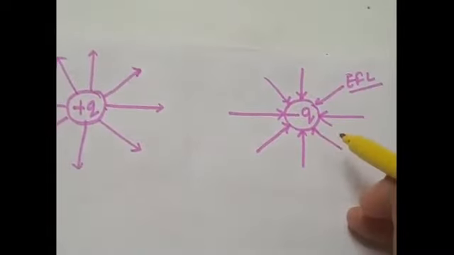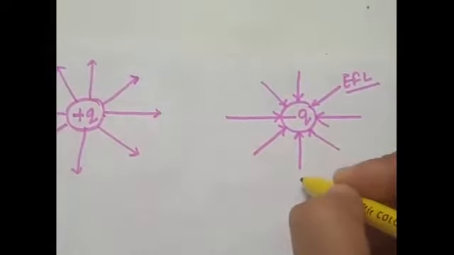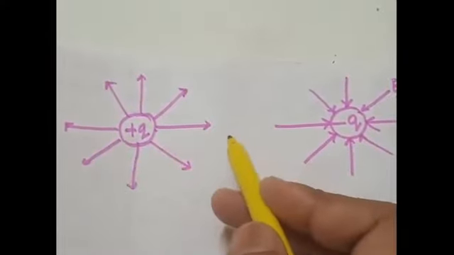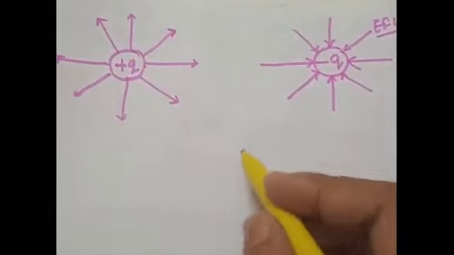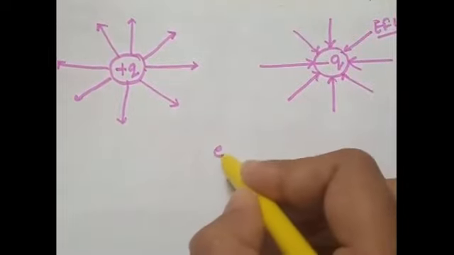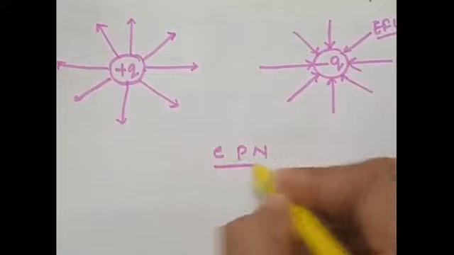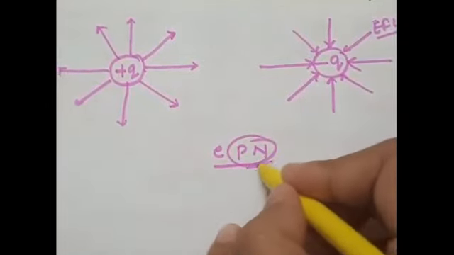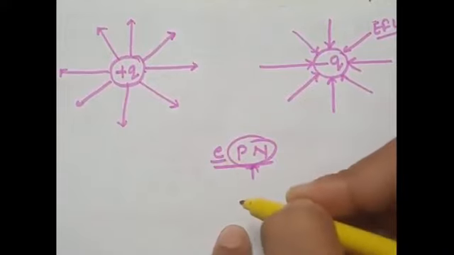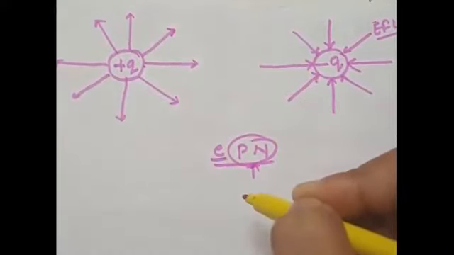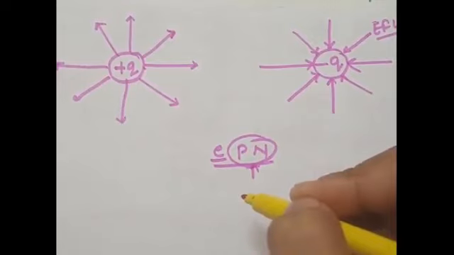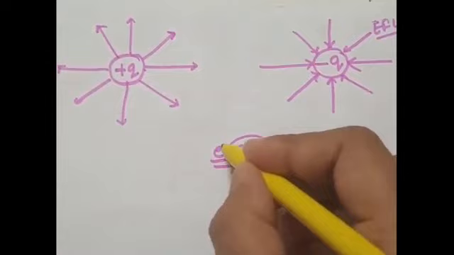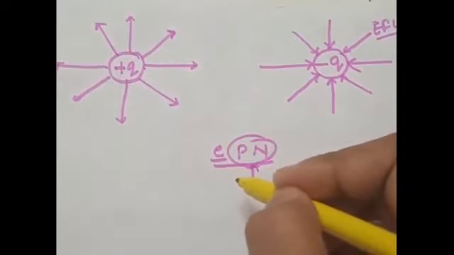Now why I'm saying negative: in case of negative charge they are entering, in case of positive charge they are going out. The basic reason is that in a material we have electrons, protons and neutrons, but as the protons and neutrons are bound to the nucleus and only the electron is free, when an object is charged, it will have electrons as the charged particles only.